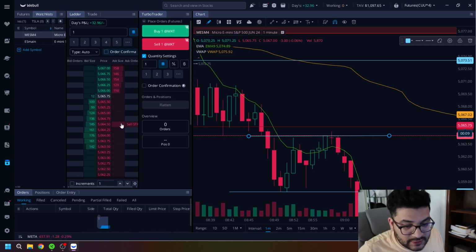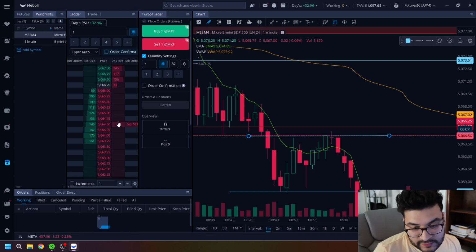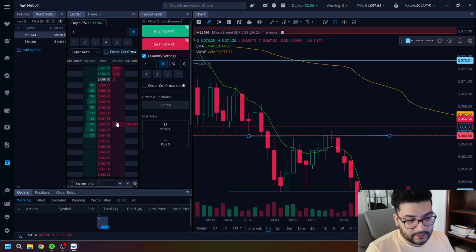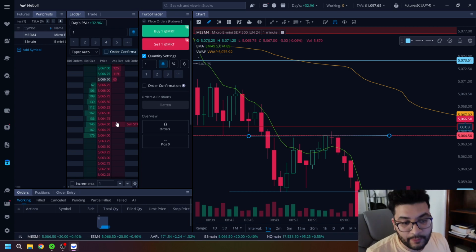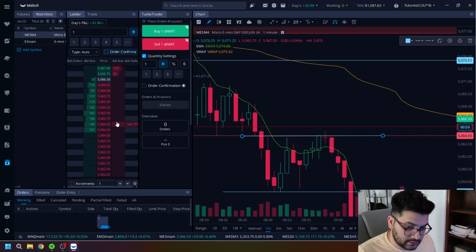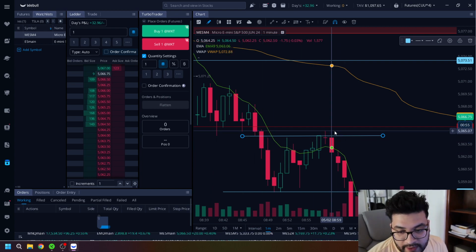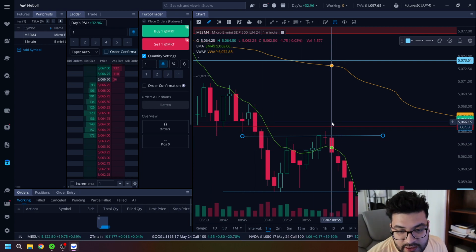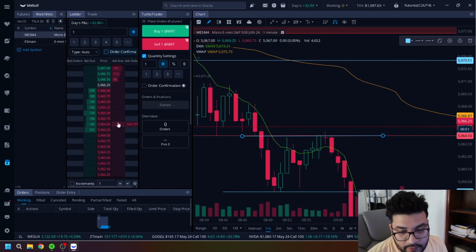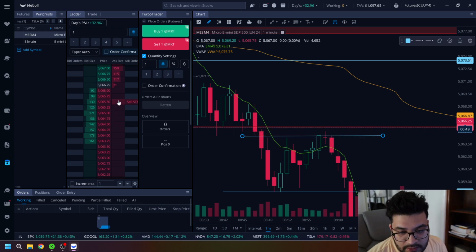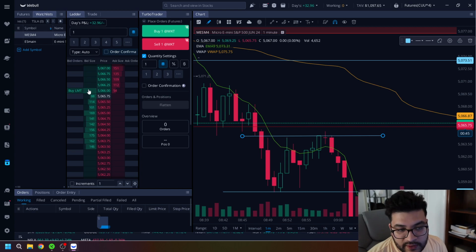How do I get out? What's my get out point, right? If I was filled in here, right, I want to get out of the position. There's two ways to get out. One, it hits your stop loss. The way you will add a stop loss to this is, let's say I need a hard stop loss above this line. Well, what is this line? Let's take a look. I will create a buy order right over here.